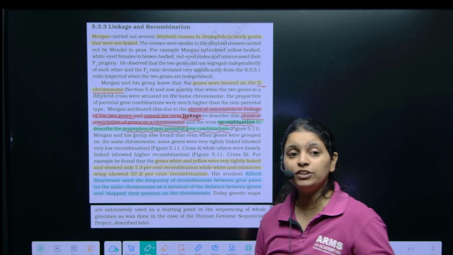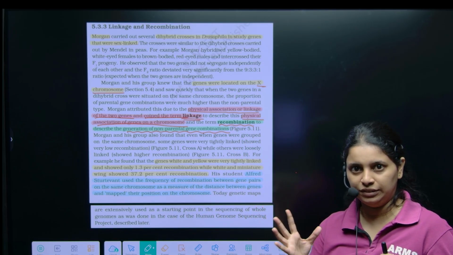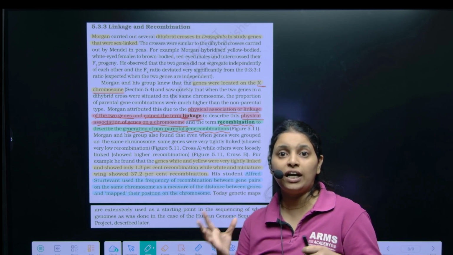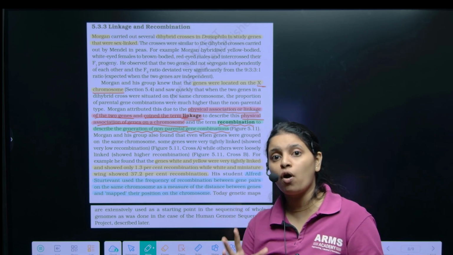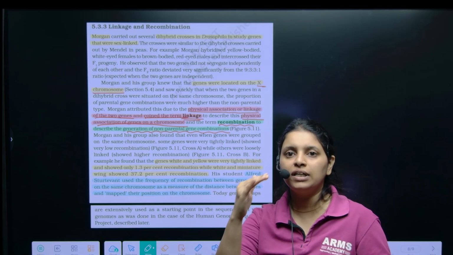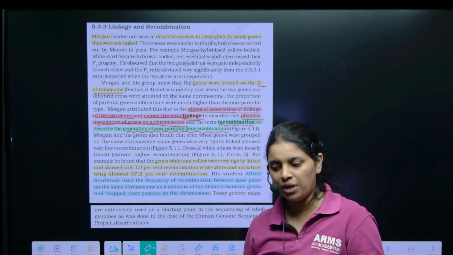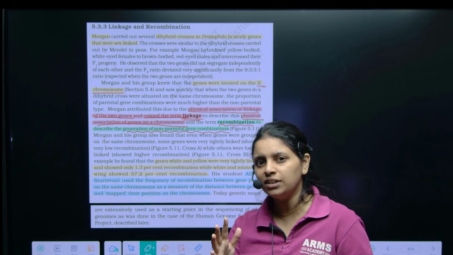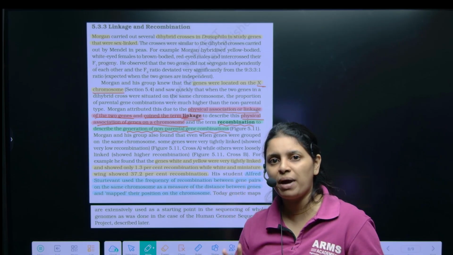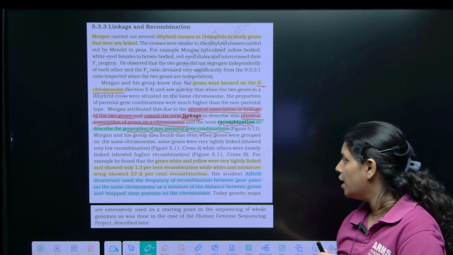Also, based on this recombination frequency, meaning what percent is the chance of crossing over, you can actually draw a map of different genes present on a chromosome. Now this does not show the actual distance, but these genetic maps are drawn based on recombination frequencies.